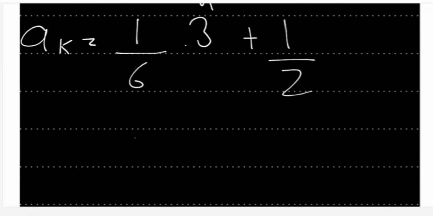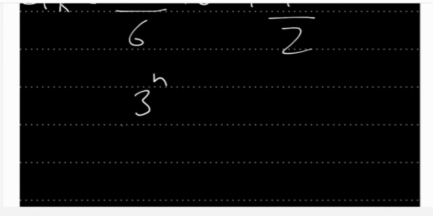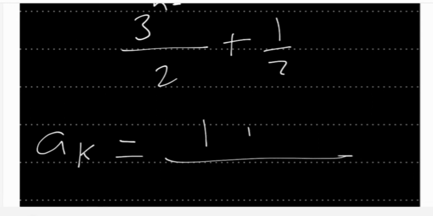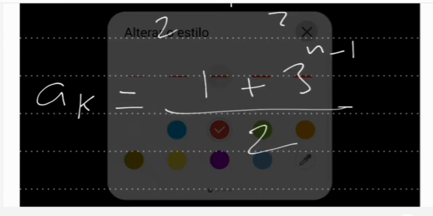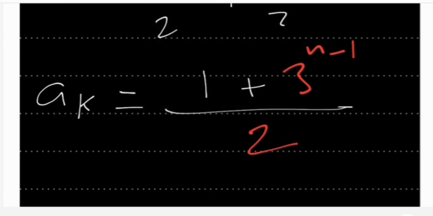So 3 to the n. Now you need to remember that 6 is 3 multiplied by 2, so this 3 can go up like a -1 over here, plus 1 divided by 2. So you can say that AK is equal to 1 plus 3 to the n minus 1 divided by 2. Now this is the answer that we have in the answer book.